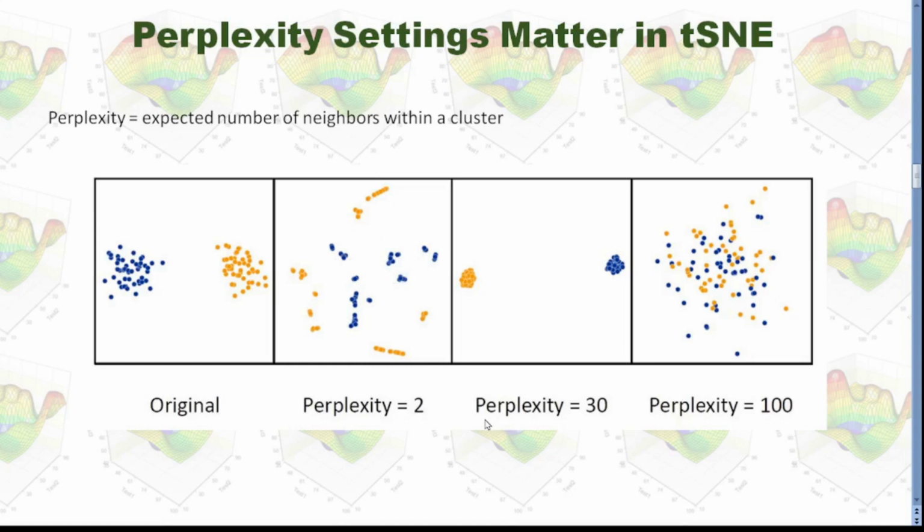If we choose perplexity 30, then they cluster together nicely. If we choose perplexity equal to 100, you can see all the data points kind of mix together.